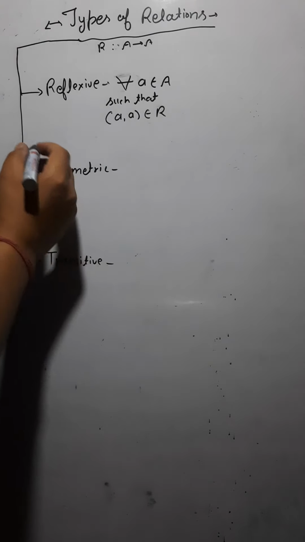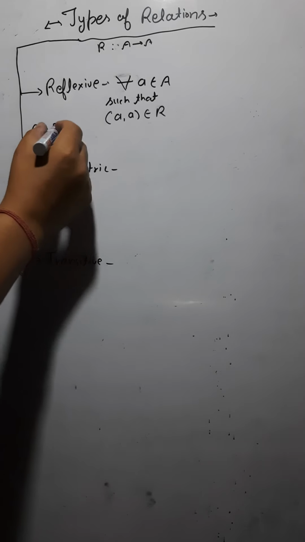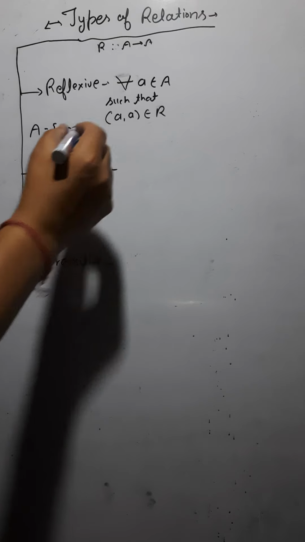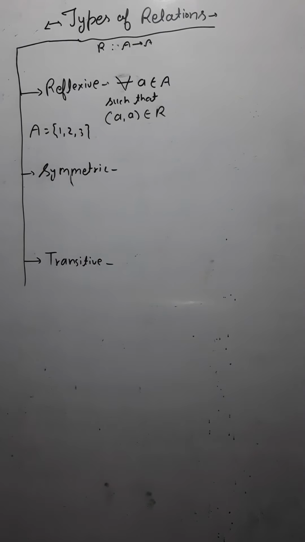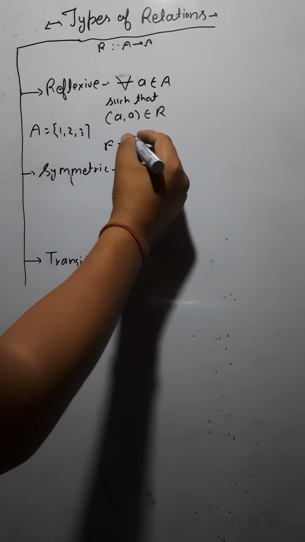What does it mean? Let's say you have a set A containing elements 1, 2, 3. If you have a relation on A to A, then in that relation there should be all the doublets.